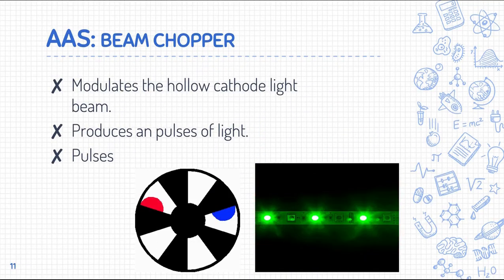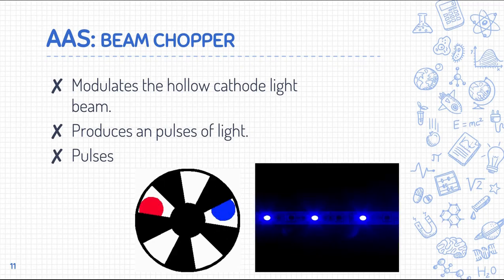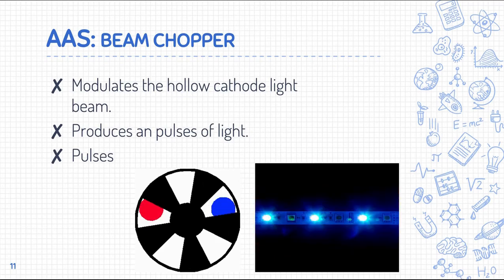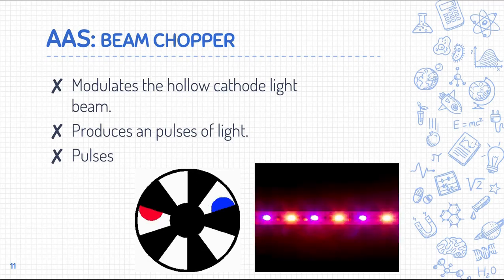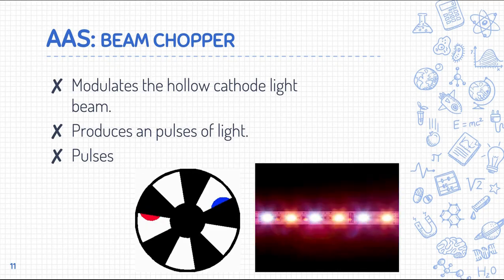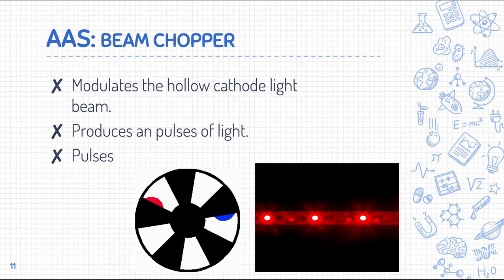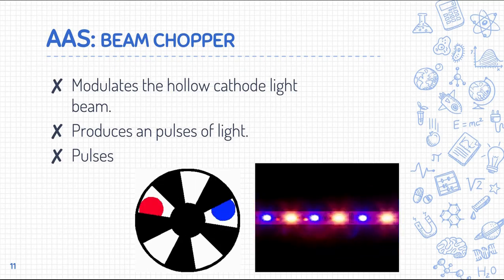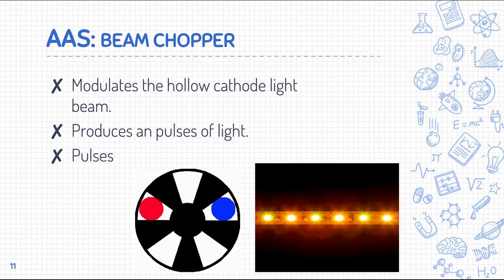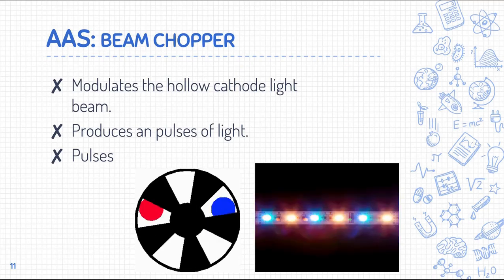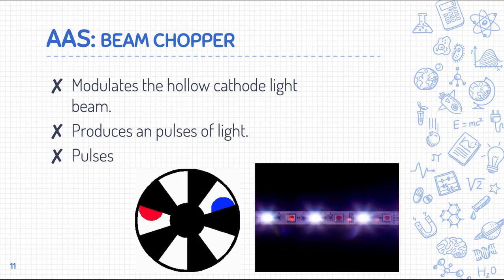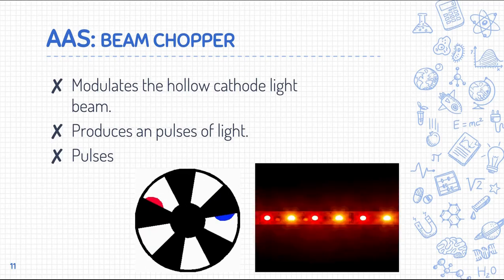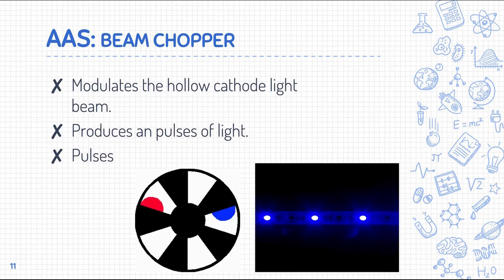It modulates the hollow cathode light beam. When your lamp is producing light, it produces light that is consistent in its intensity. So what does your beam chopper do? It produces pulses of light, like what you are seeing in the GIF that I provided below. The beam chopper causes the system to have pulses of light.